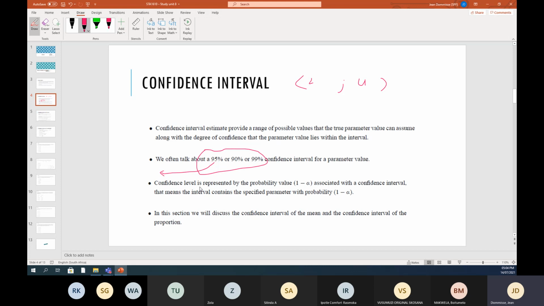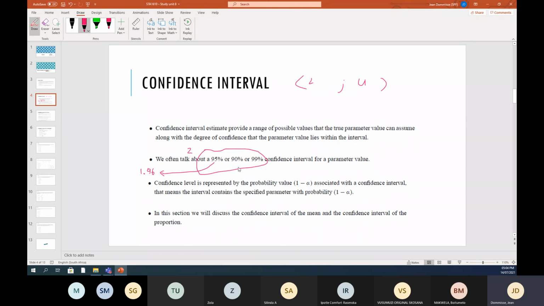So you don't need to worry about that. Most of the time it is 95%. When we're talking about a 95% confidence interval, the Z value will always be 1.96.